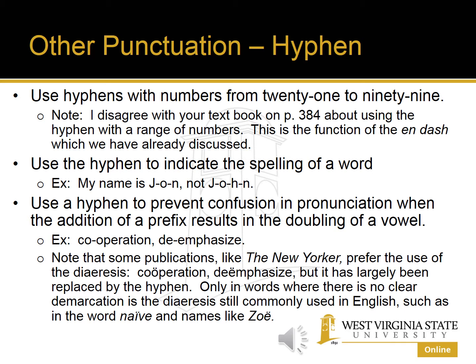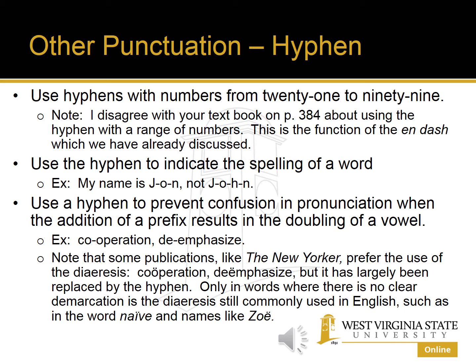Now, one of the things that's interesting to note here is the insertion of the hyphen is a relatively new phenomenon in American English. Some publications, like the New Yorker, prefer the older usage of the diaeresis, or what we would call in German the umlaut.